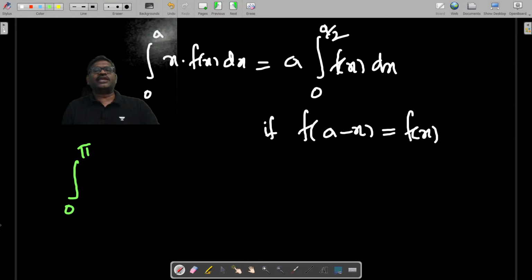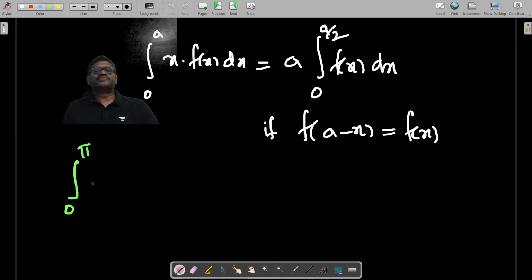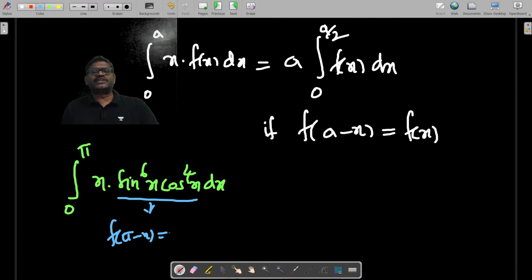Integral 0 to pi of x into sin power 6x cos power 4x dx. Suppose if x is not there, then we have a direct formula. Because of that x, you have to apply the above formula. Here, this is our function, x into f of x form. f of pi minus x is f of x.